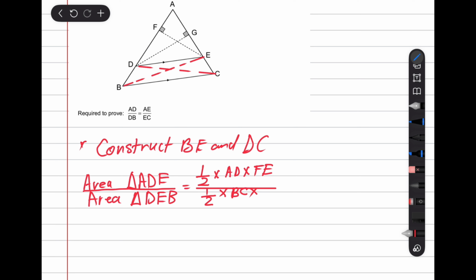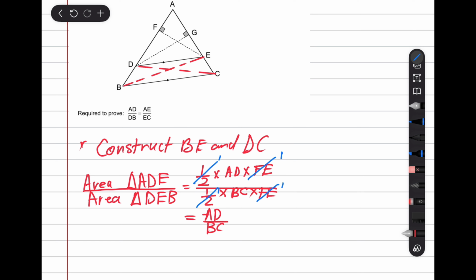Then that height there is going to be FE as well. So we are going to have this. Remember, 1 over 2 is going to divide with 1 over 2, you are going to get a 1. Then FE is going to divide with FE, you are going to get a 1. So you are left with 1 over 2 and 1 over 2, which gives 1, and FE and FE, which also gives 1. So now this gives us AD over BD. Right, so that's what we have when we deal with the first triangles.